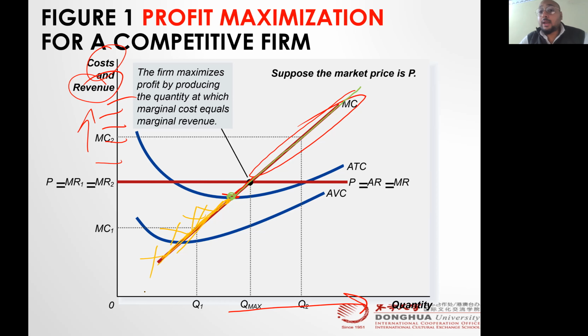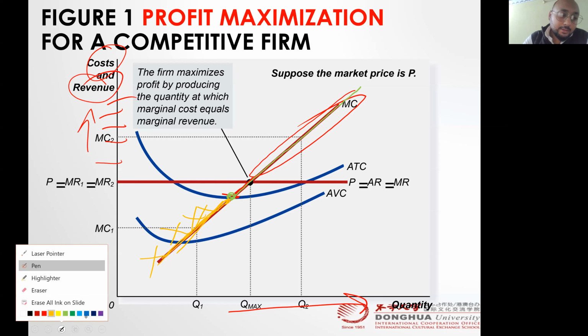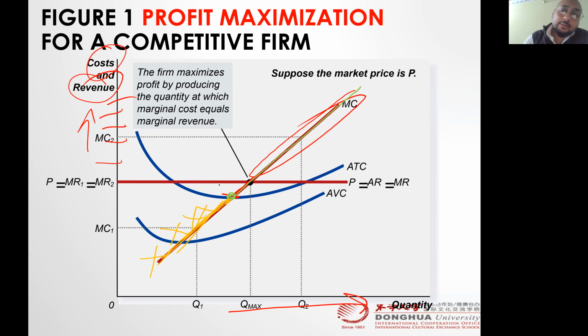So if I say MC is 100% equal to the supply curve, the answer is no. MC is a proxy for the supply curve, and that part of MC, this green part, resembles the supply curve, which is above average total cost.